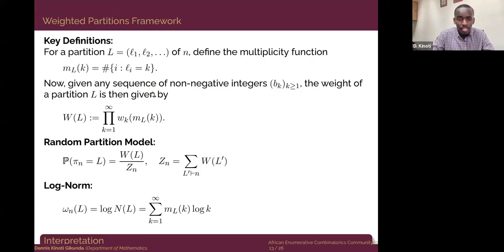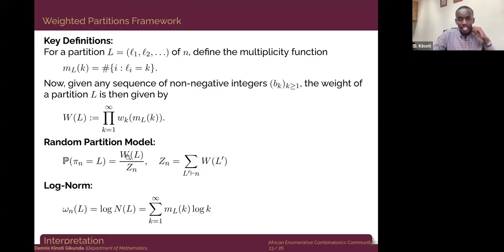The weight on the whole partition will be the weight of k times its multiplicity, obviously. It's a function of the multiplicity and the weight of k, where k goes from 1 up to the number of terms you have, infinity.